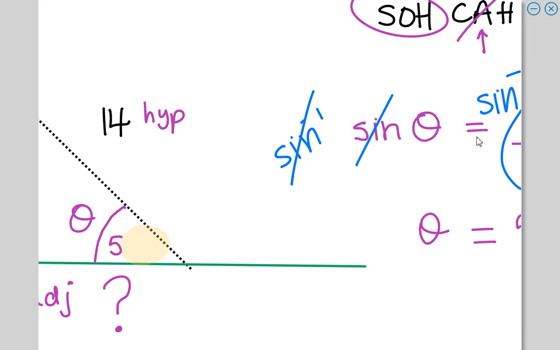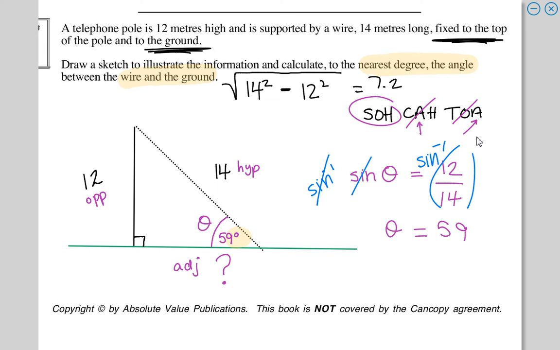So if this is 59 down in the corner, all I have to do is go 90, take away 59, which is 31, and that's up here. You just solved everything you could possibly want with that triangle.